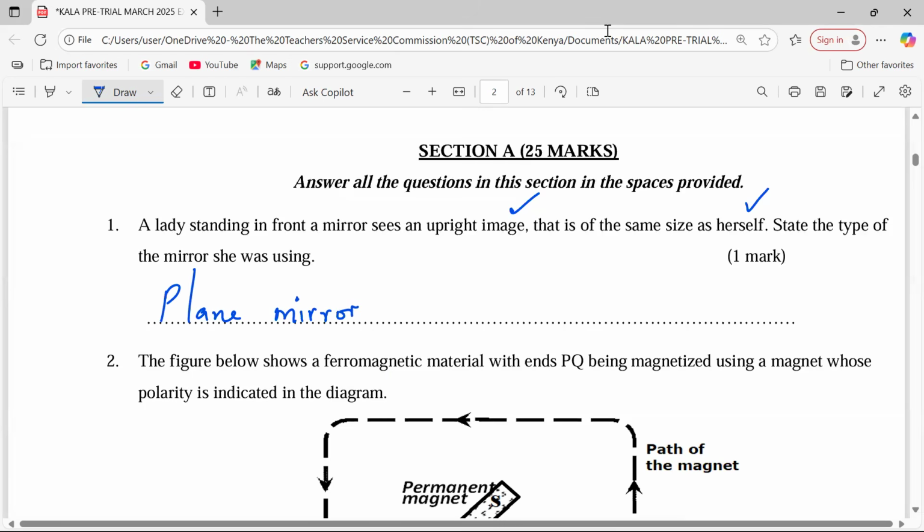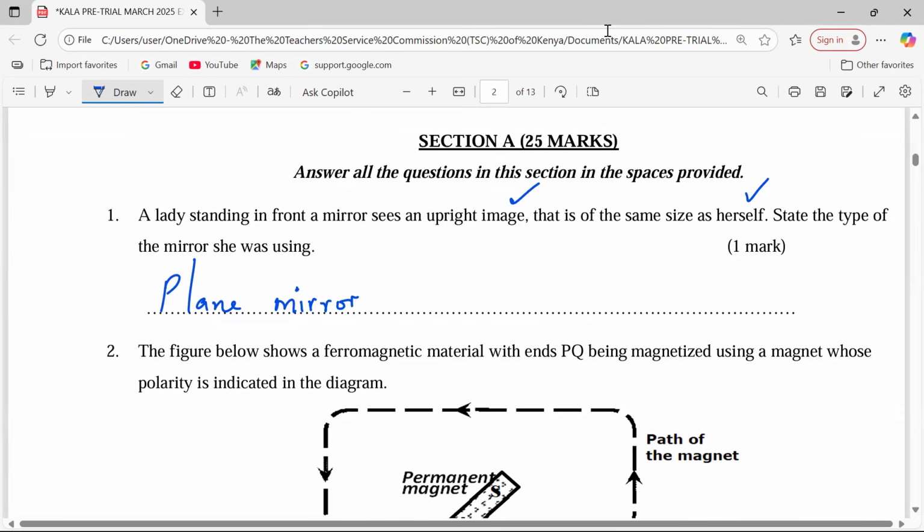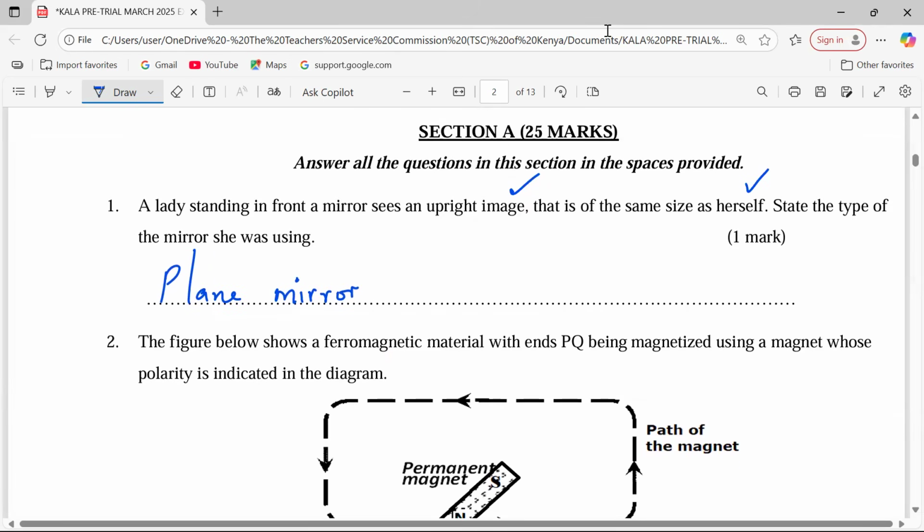So there are other common characteristics of images formed in a plane mirror, like lateral inversion. When you say the image was laterally inverted, it means if you're in front of the mirror and you raise up your right hand, the image you are seeing raises up its left hand.